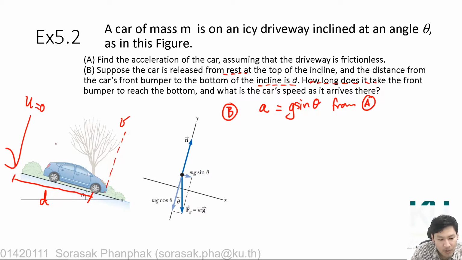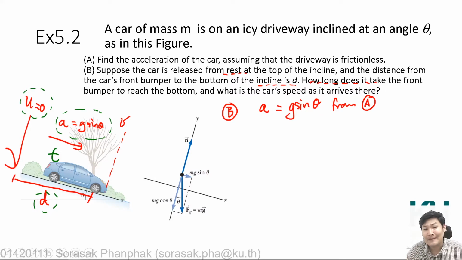So you will use this information, a equal to g sine theta. If you would like to know the time this car has taken, you know the initial velocity, you know the distance, and you know the relation. Think about the kinematics that you have learned.